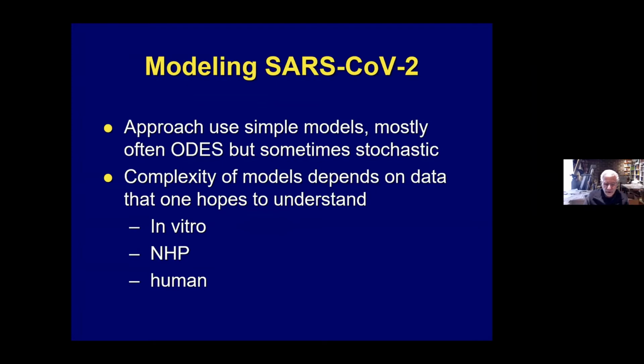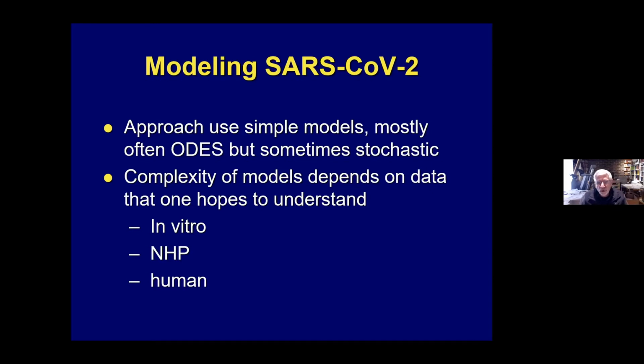The approach that I'll show you today, and that we use, is to use models driven by data. What we try to do is see what the data can tell us. Occasionally we'll do purely theoretical work, and I'll show you a snapshot of a stochastic model that was done theoretically. We were using it to get some insights into what happens in early infection.